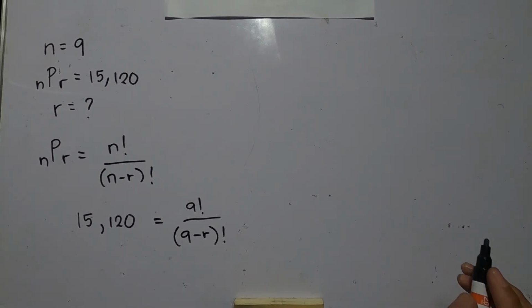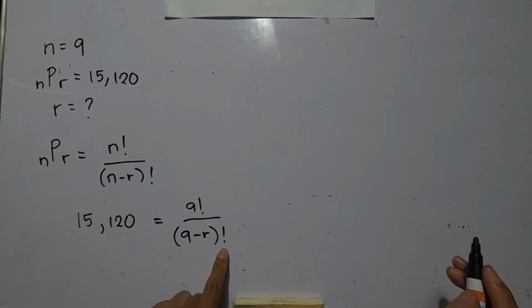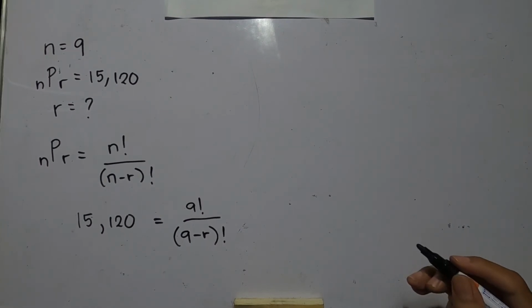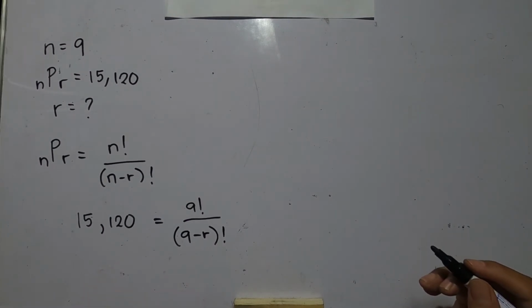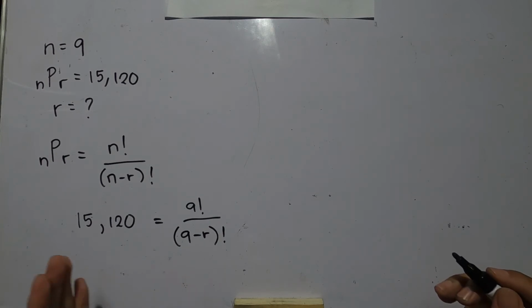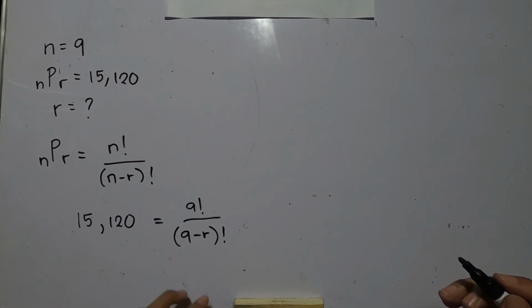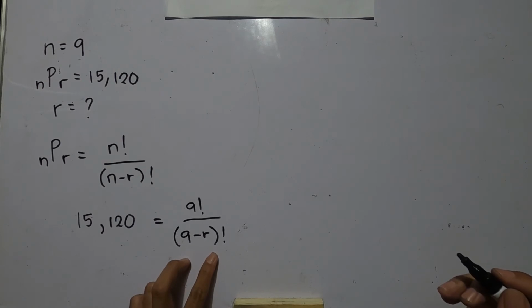Our goal is to solve for the value of r. And to do that, we need to cancel out this factorial notation. We are going to use the multiplication property of equality and multiply both sides of the equation by the quantity of 9 minus r factorial.